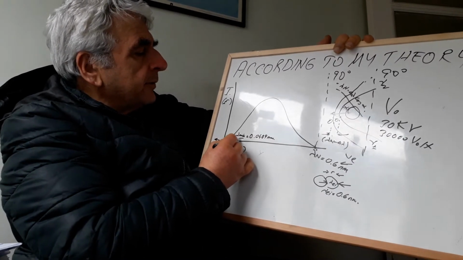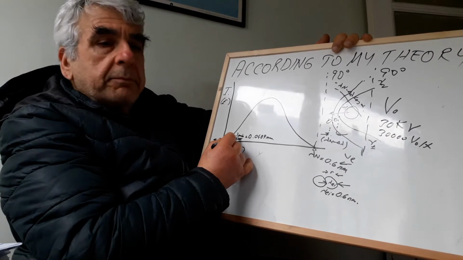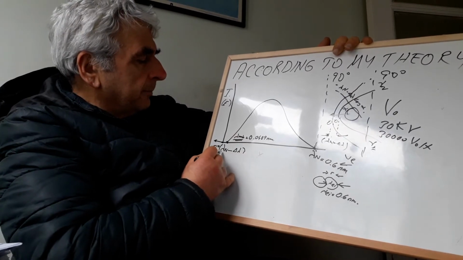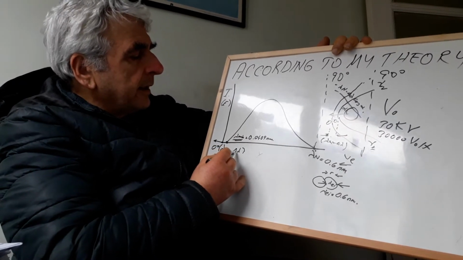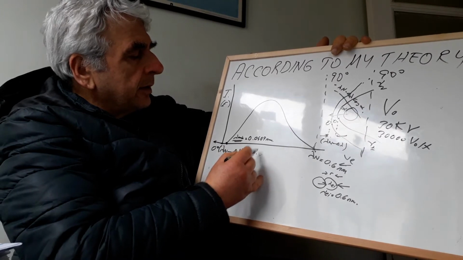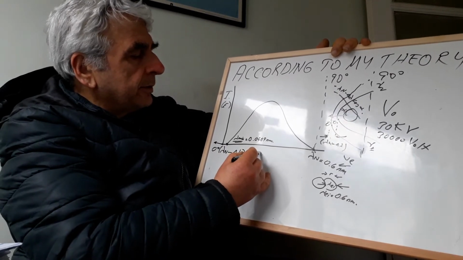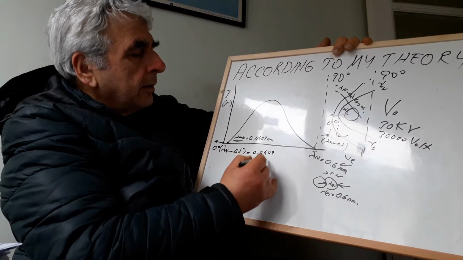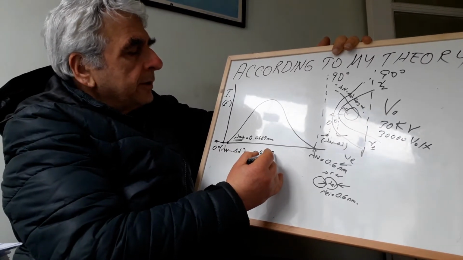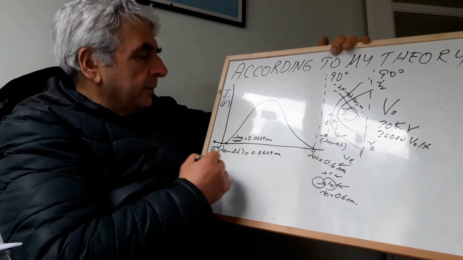In accepted physics, they say lambda minimum, but according to me, lambda n minus delta lambda equals the same 0.0409 nanometer.